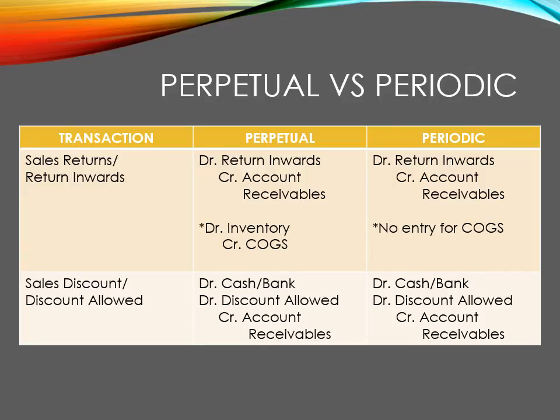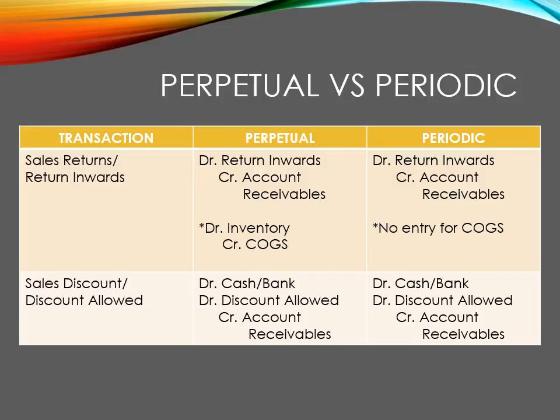For the periodic inventory system, when sales returns occur, there is no entry for updating the cost of goods sold value. For sales discount or discount allowed, if you allow the customer to pay less, you need to debit the cash or bank and debit the discount allowed, the sales discount, and you will credit the account receivables, the name of your customer.